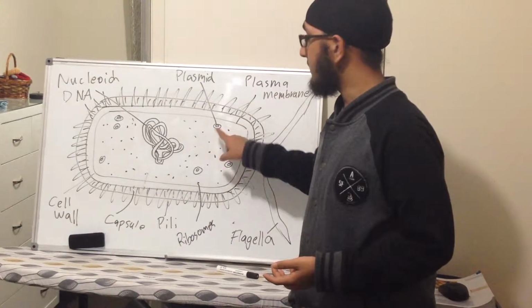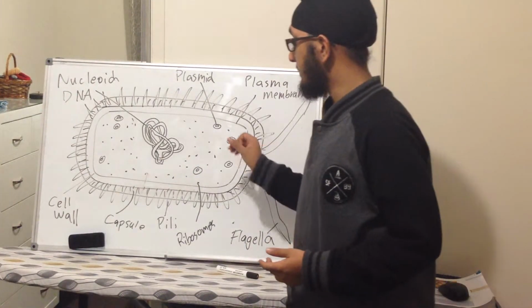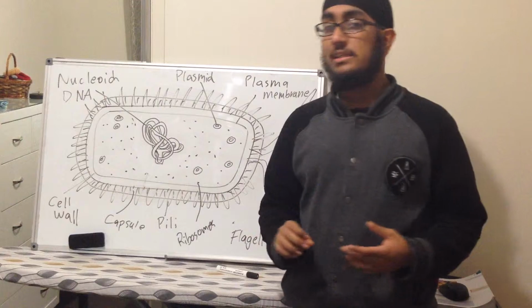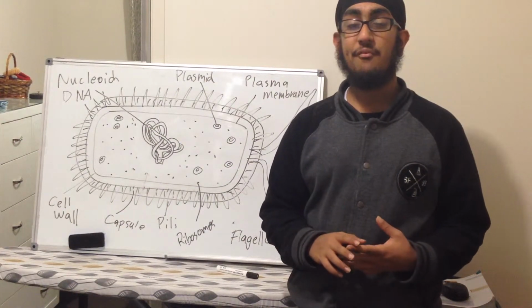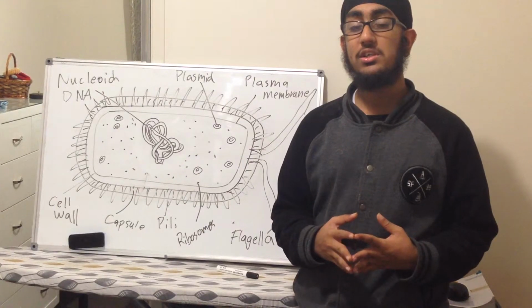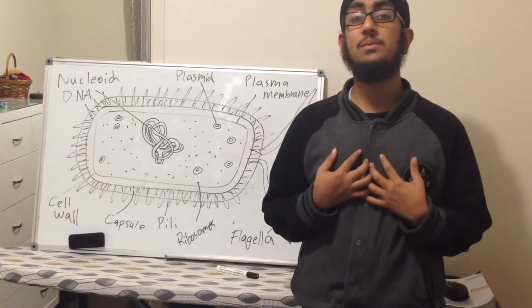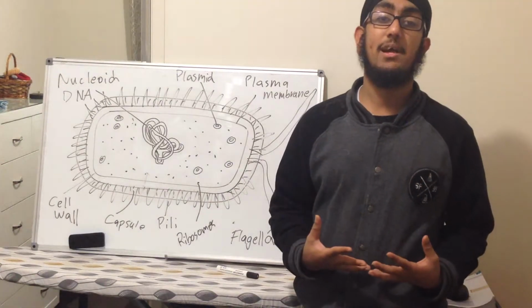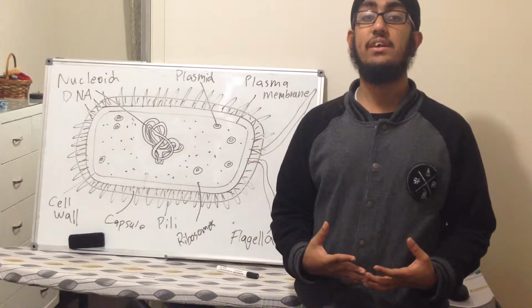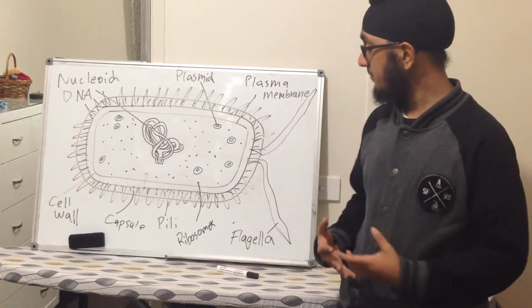The same as plasmid, they're one single loop of DNA, but they're really, really small. And these plasmids are actually of no use to prokaryotic cells. It may help them under unusual circumstances, but it's actually most useful to us human beings because we've used this plasmid for genetic engineering, like for the production of insulin and glycogen.